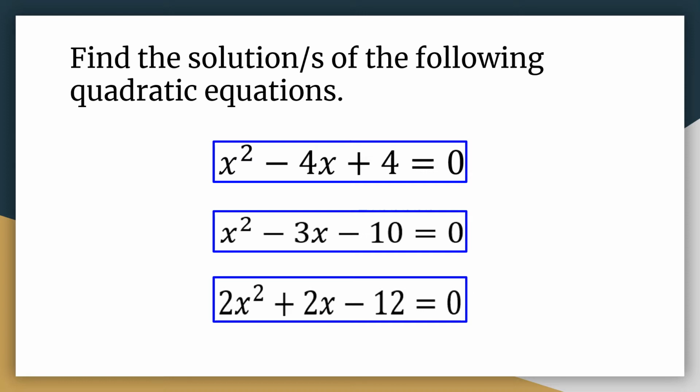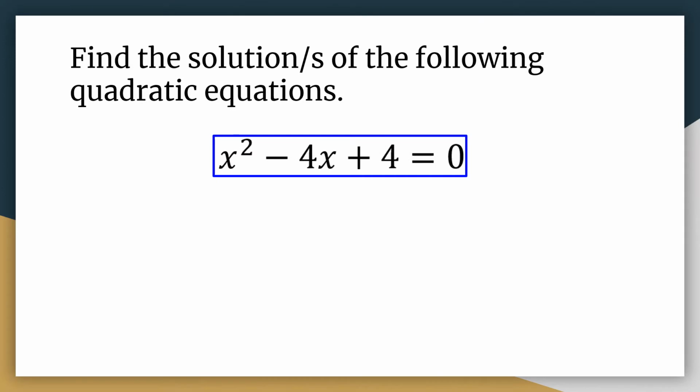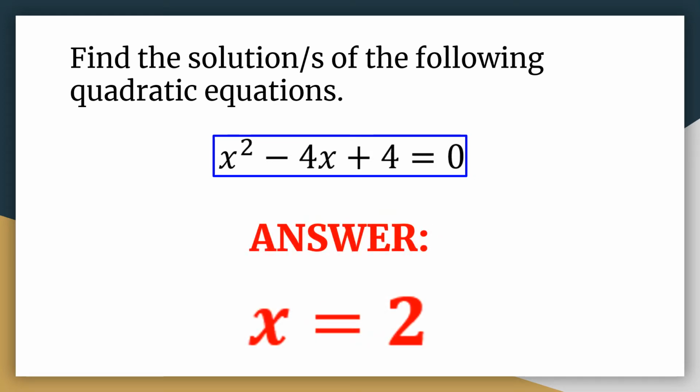Okay, time's up. So let's have the solutions. So the root of the quadratic equation for number 1, x squared minus 4x plus 4 equals 0, is 2. So how did we get that? We can use factoring. If we factor this one, we're going to have (x minus 2) squared equals 0.